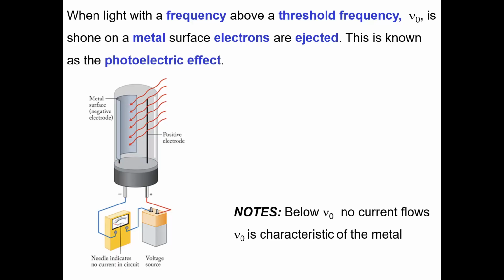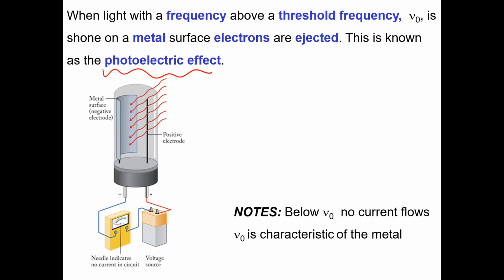Now, another important discovery around about this time was Albert Einstein's explanation of a phenomenon known as the photoelectric effect. So what happens in the photoelectric effect is we take light, normally UV light, and we shine it on a metal, and we observe what occurs.